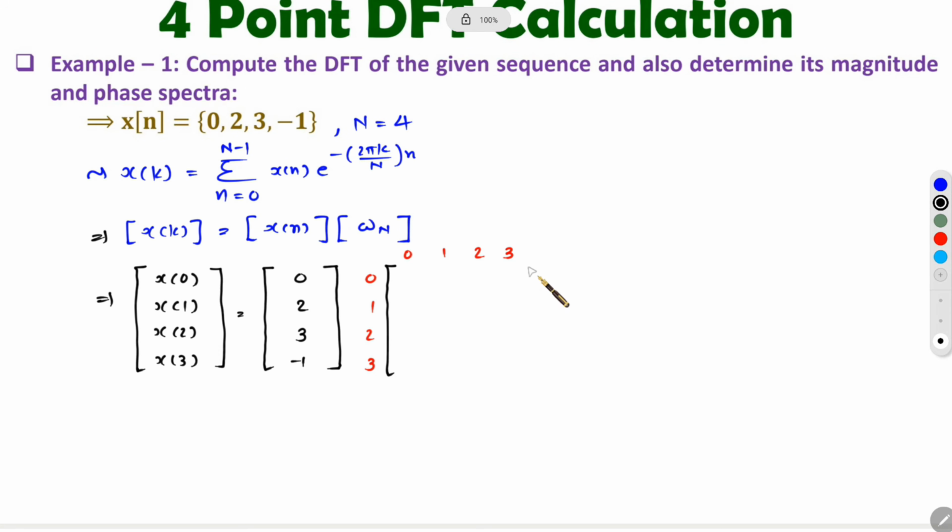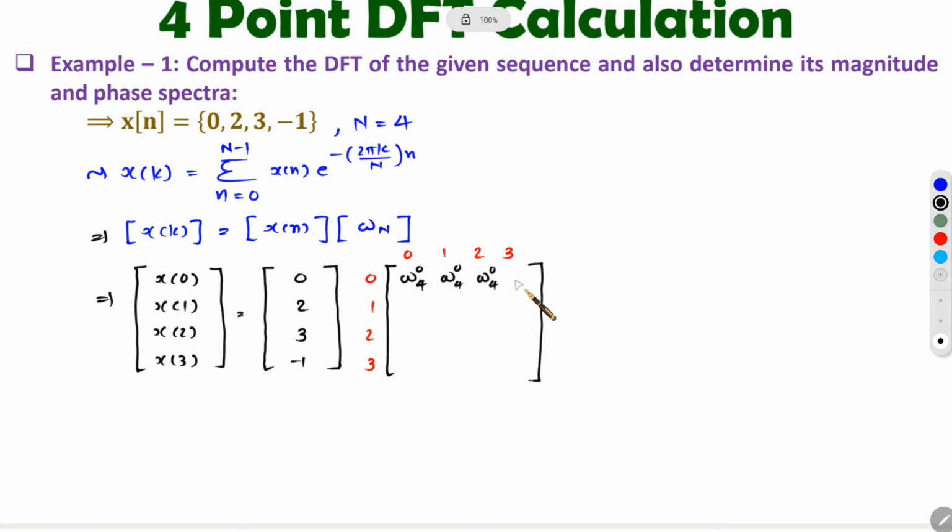See with this matrix, here the first weightage will be Wn. Here N is 4, so I'll be writing W4, and 0 into 0 will be W4 to the power 0. Then here we have W4 to the power 0 into 1 means 0. Over here the weightage will be W4 to the power 0 into 2, that will be 0.